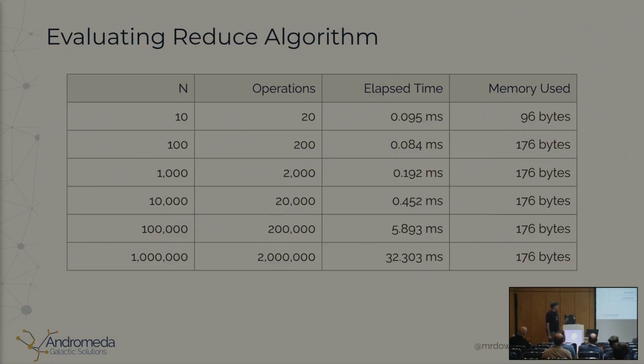And you're going to find, like I talked about before, that elapsed time doesn't scale proportional to the number of operations because, again, compilers, platforms, CPUs have built-in optimizations. But the memory used stays the same because the total possible number of produced values didn't change in this particular algorithm.